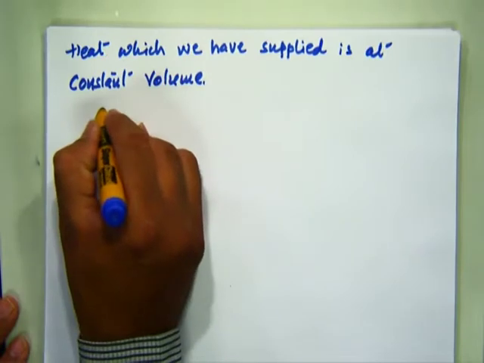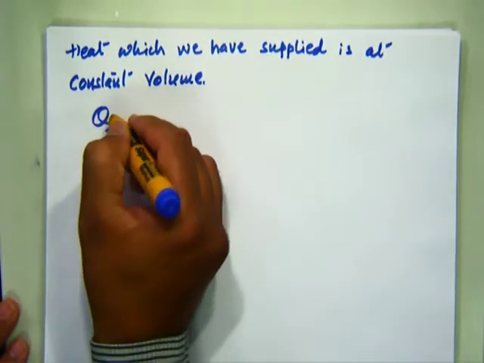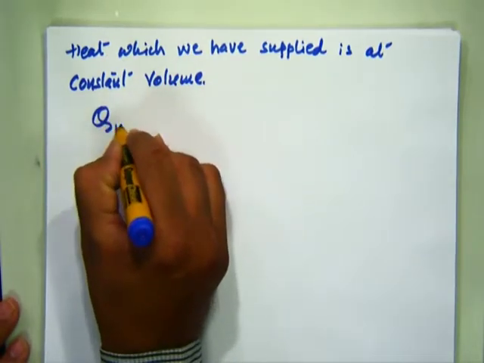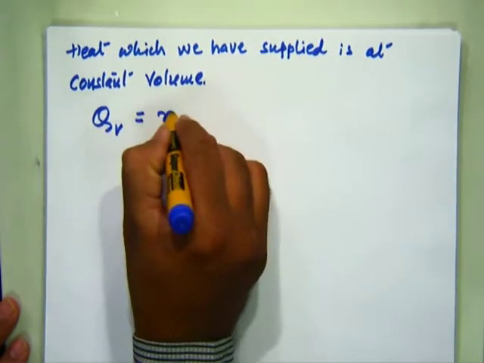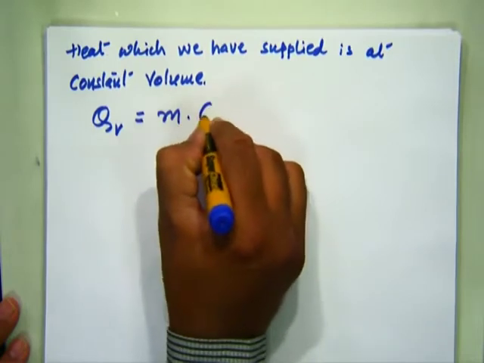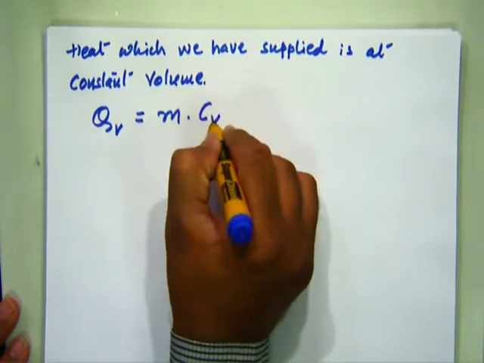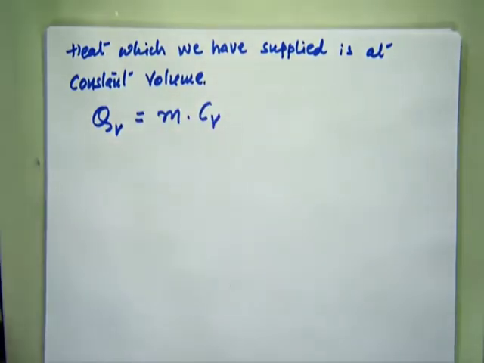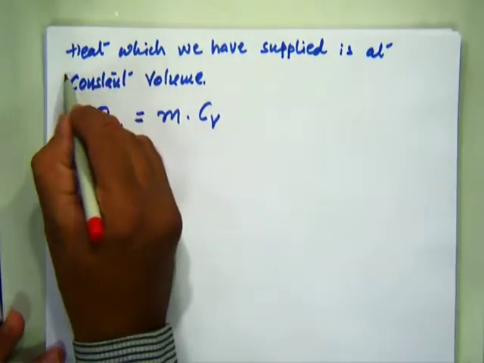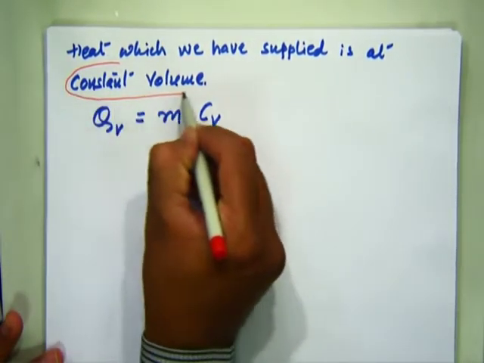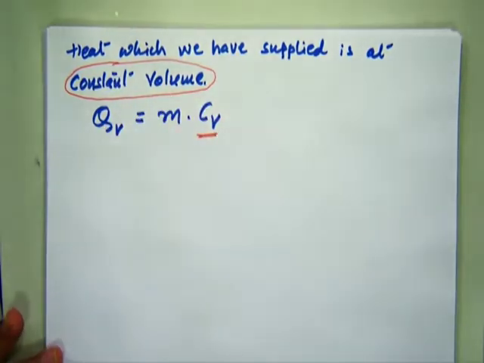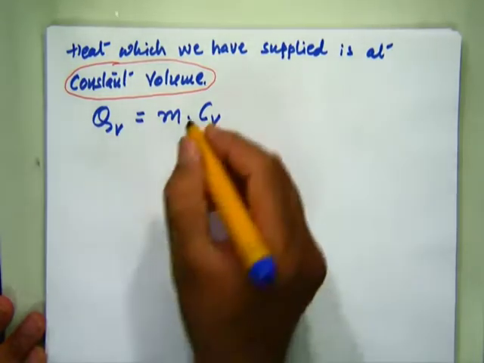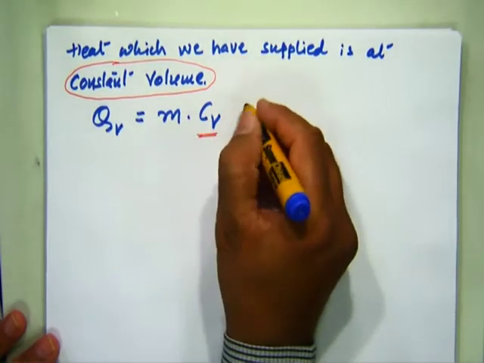So Qv, because the volume remains constant, is mass into specific heat at constant volume, Cv, into the change in temperature.